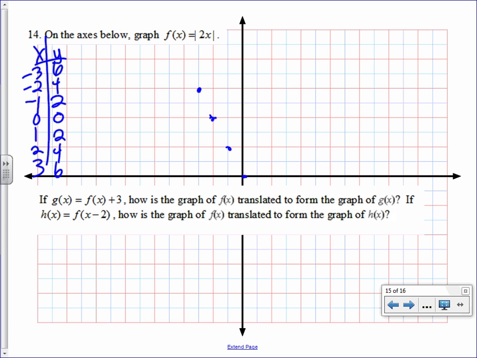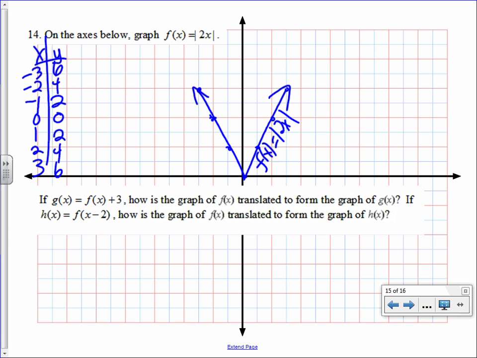I plot the rest of them. And I draw my arrows because there's no domain. So this is f of x equals absolute value of 2x.